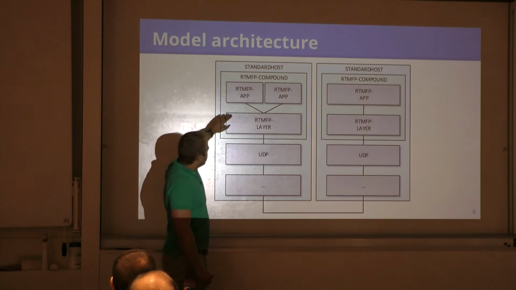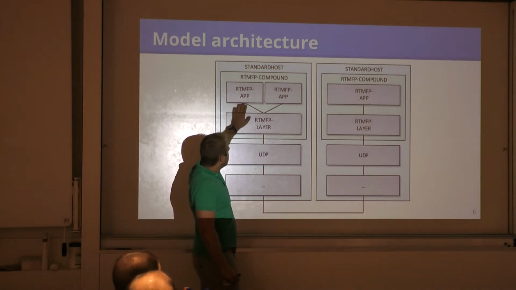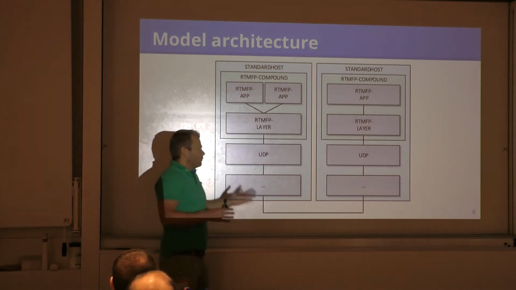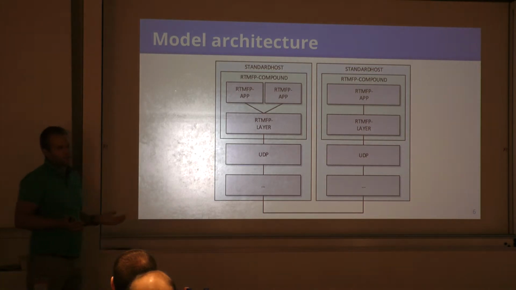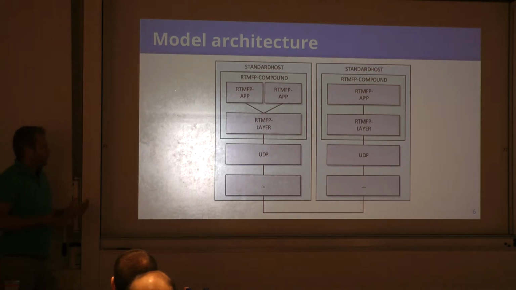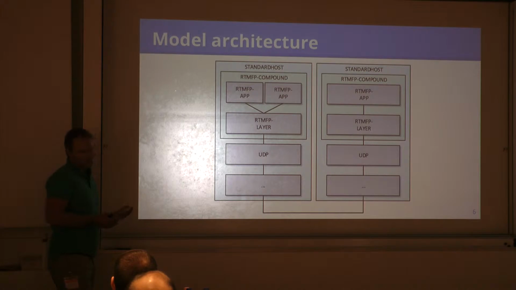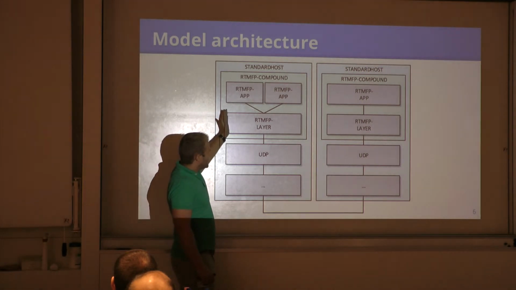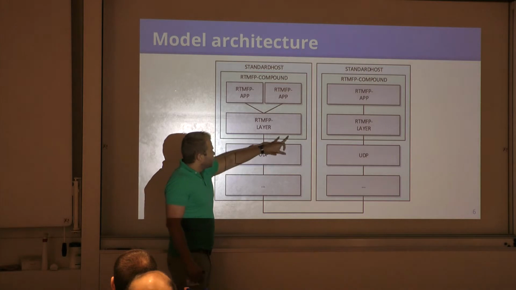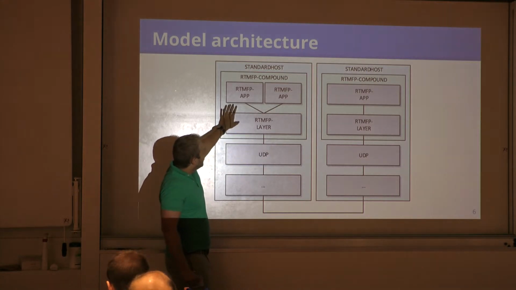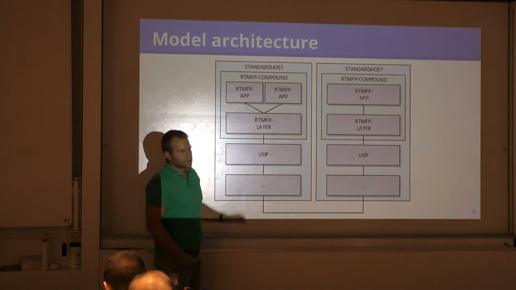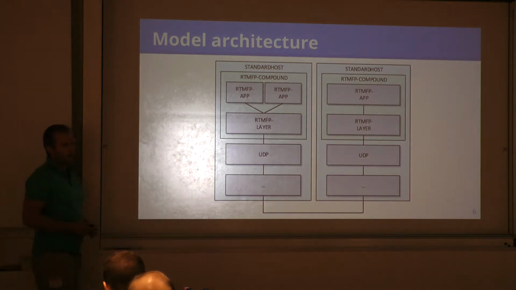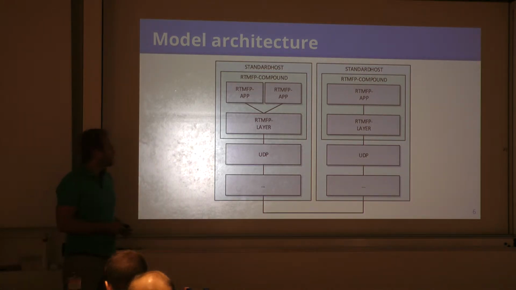And we have applications, RTMFP apps. As many as you like; I've tested with 128 and it works. Every application is using the single RTMFP layer, like a normal protocol, and we use the applications as traffic generators. You will see in the next slide why.